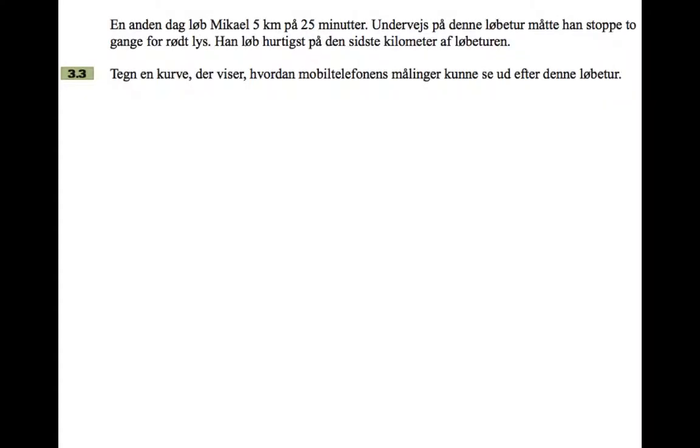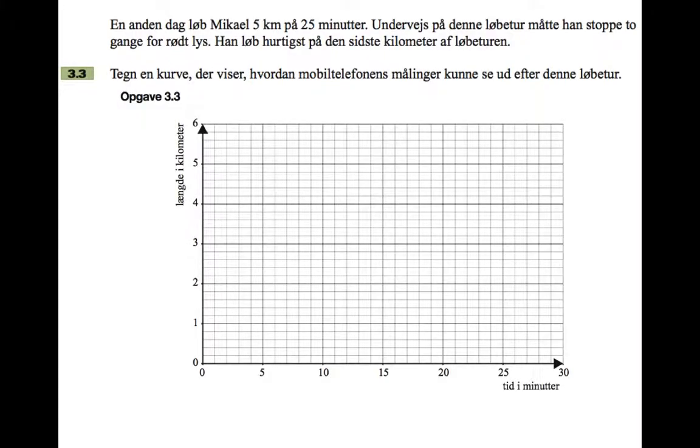Next part. On another day, Mikhail runs 5 kilometers in 25 minutes. On the way, he had to stop 2 times for a red light, and he ran fastest on the last kilometer of the run. Draw a curve that shows how the mobile telephone's measurements could have looked after this running trip. So there's lots of ways you could have answered this, but here's an example.